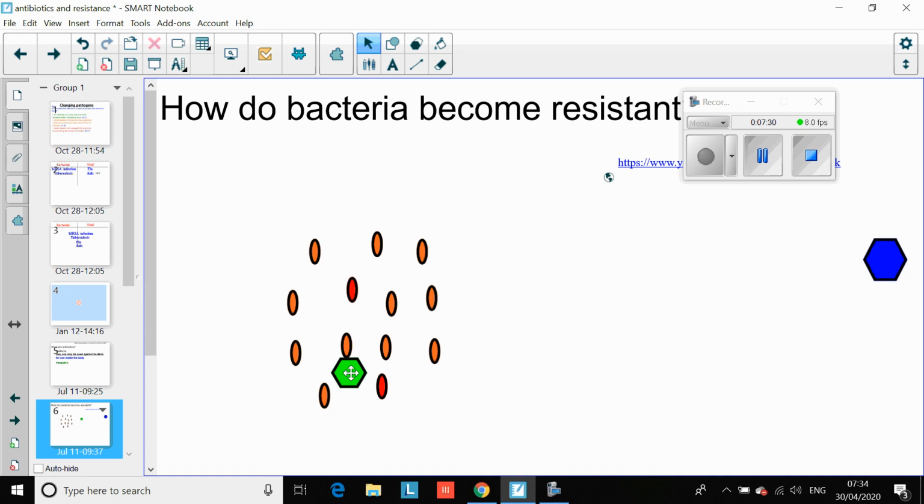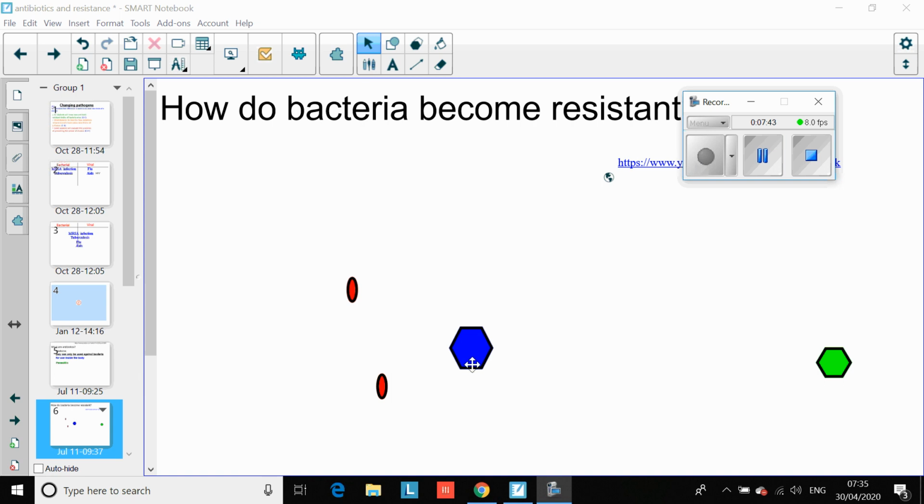So now what we need is we need to develop a new antibiotic, antibiotic number 2. So this one comes in and pew, pew, pew, pew. It kills all the new resistant bacteria. But of course, this random mutation here means that these two are lucky enough to be able to resist this new antibiotic as well.